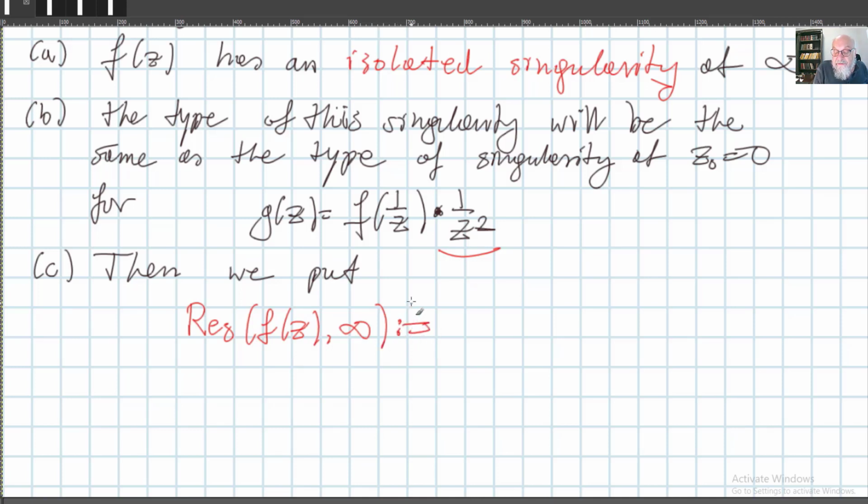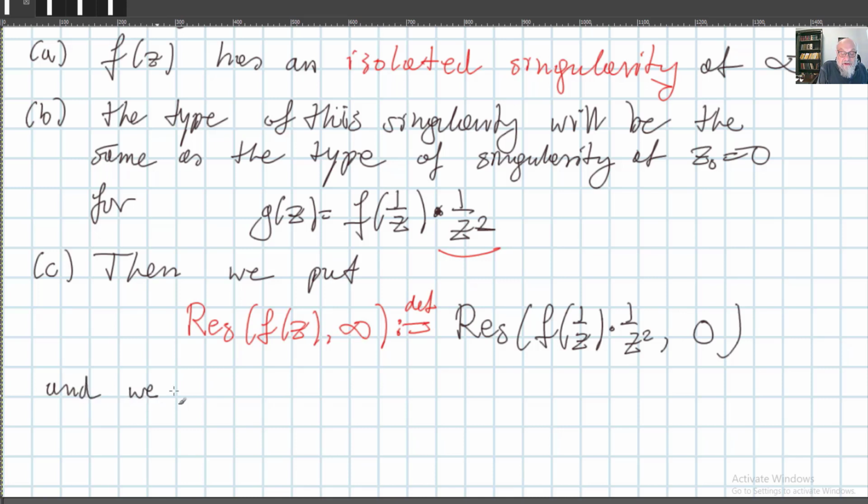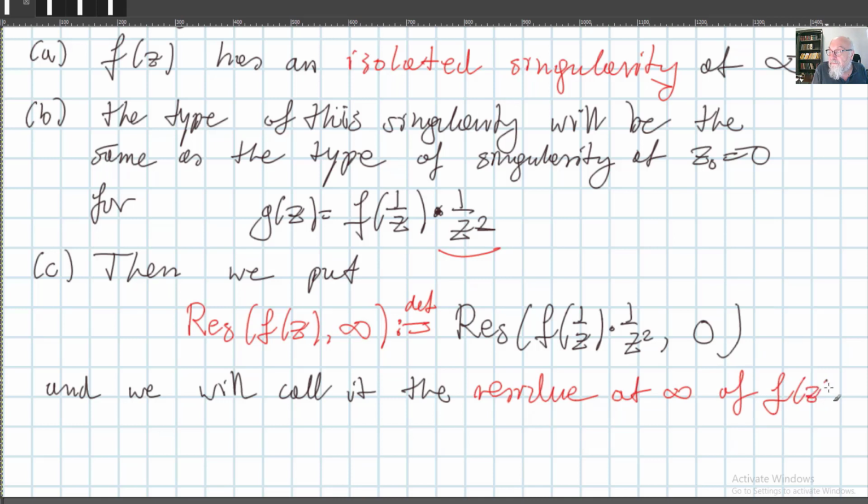It will be, by definition, the residue of this function g, f of 1 over z times 1 over z squared at 0, and we will call it the residue at infinity of f of z.